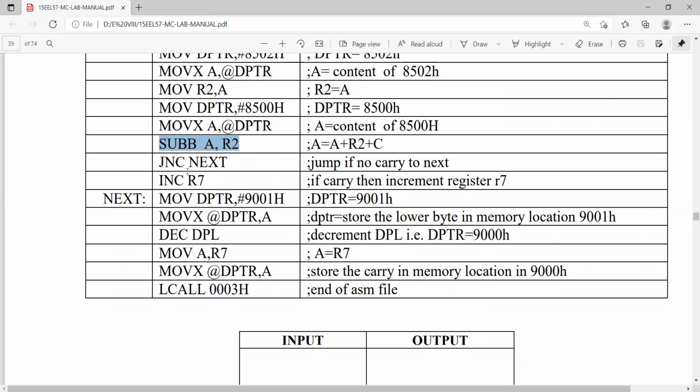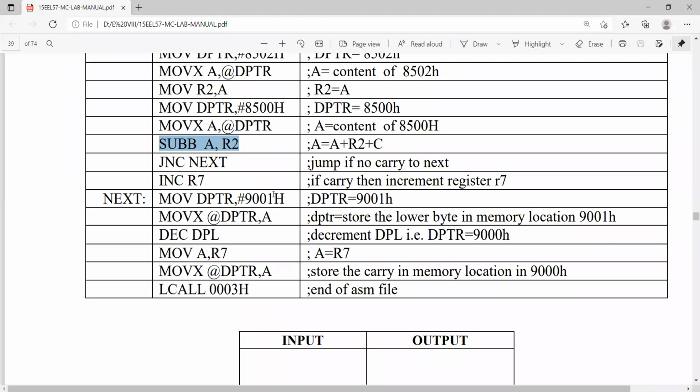If any borrow is required, because we cannot subtract a higher number from a lower number, lower from higher is not possible. Therefore, in that condition, borrow is required and must be considered. If no borrow is required, no need to increment R7. If there is any borrow, you increment R7. After the subtraction, check the carry condition, then store the results.